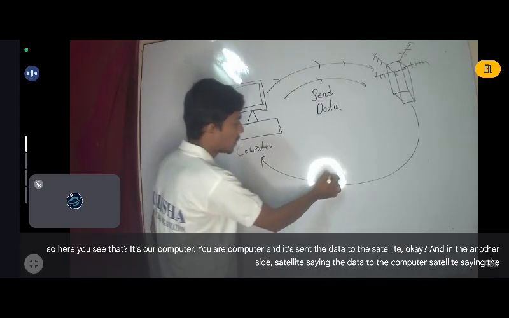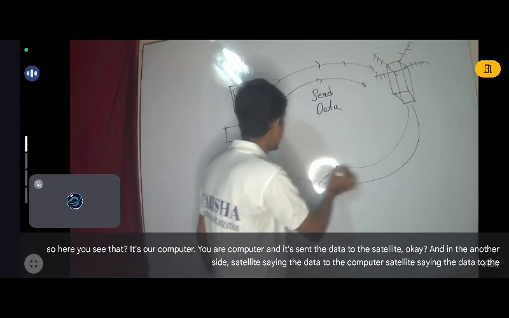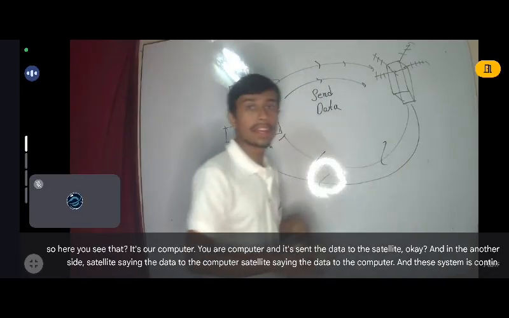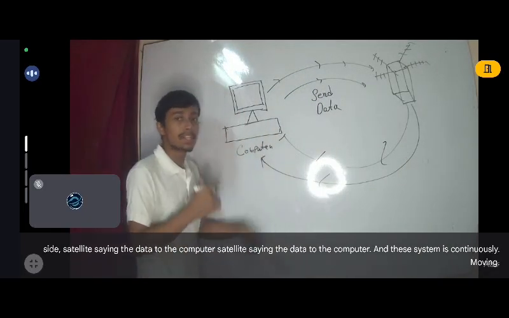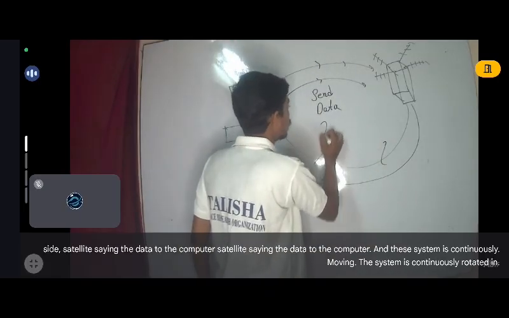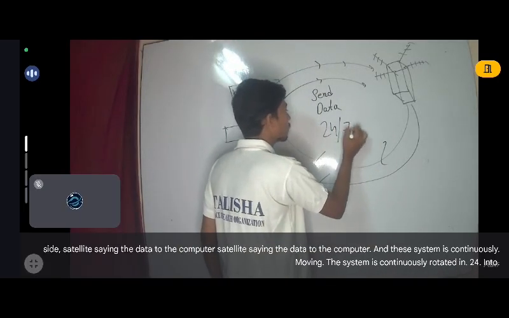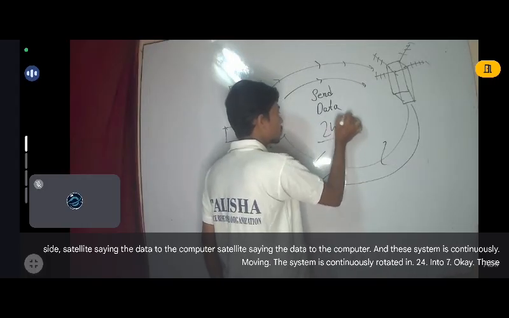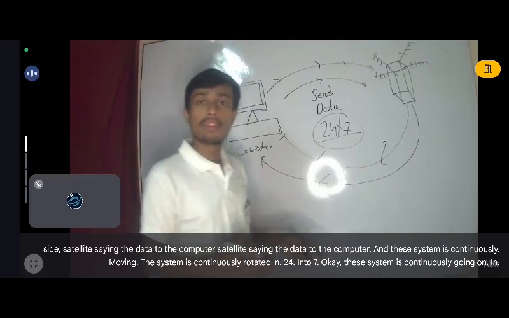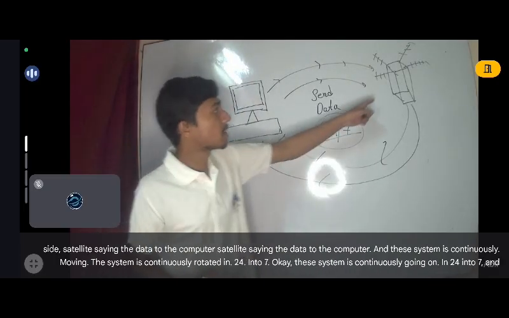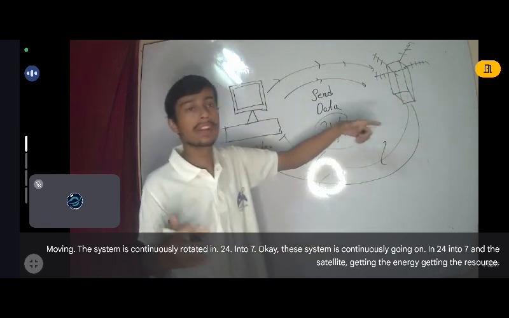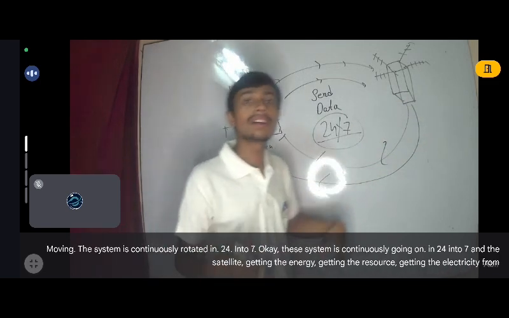This system is continuously going on, 24 by 7, and the satellite gets its energy, its electricity, from the sun.